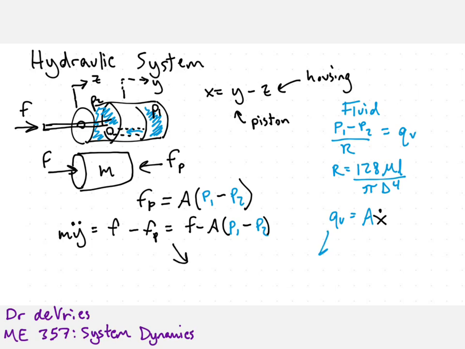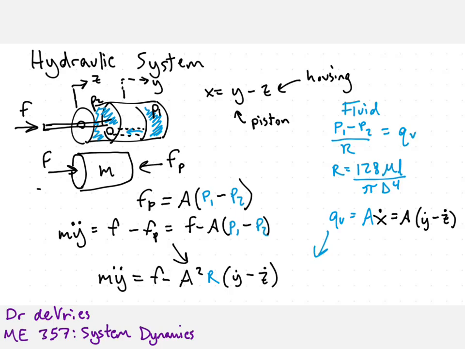So we can combine these two systems and say that our m y double dot is equal to the force applied minus A squared times R, where R is the resistance of the fluid through the pipe, times the flow rate times the velocity of the piston, so y dot minus z dot, where z dot is the velocity of the housing.